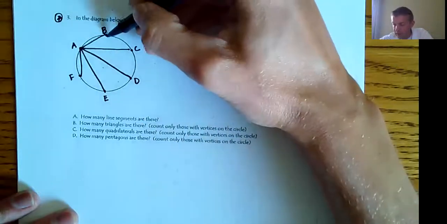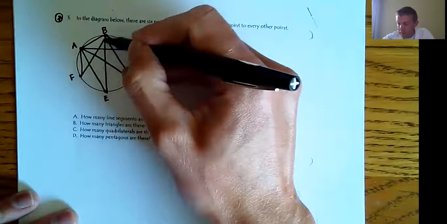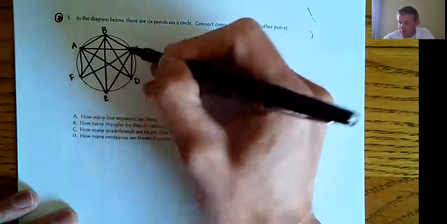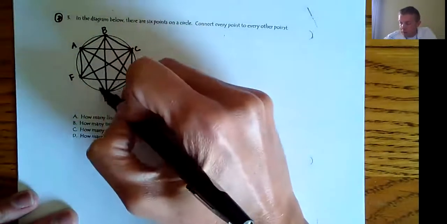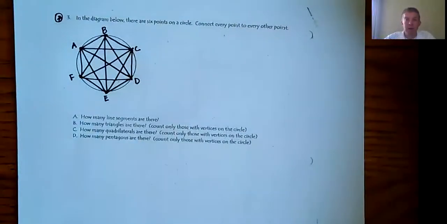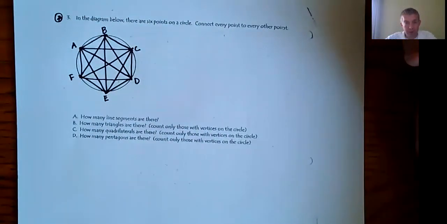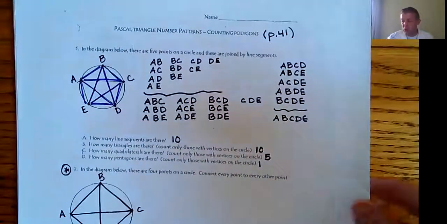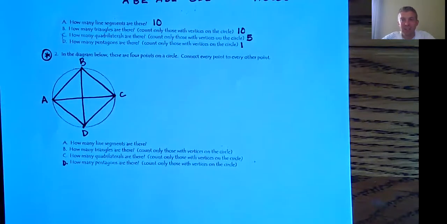Connect all the A's, all the B's, all the C's, all the D's, all the E's, and then by the time you get to F, you have them all. And see if you can answer those 4 questions. Okay? So probably take about 20 minutes, I would say. Do number 2 and 3, and then we'll come back together and see how you did. So pause the video and give it a shot. Good luck.